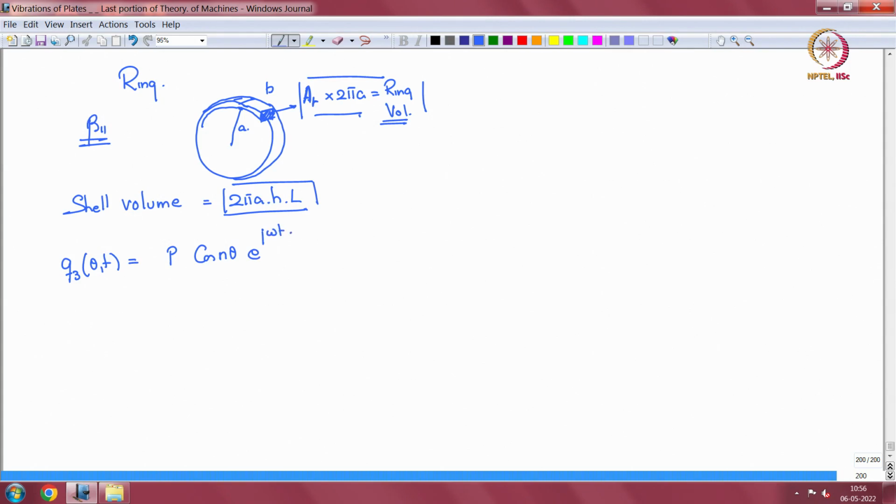Here, because it is a one dimensional structure, P has units force per unit length. So there is a cos n theta force that is actually applied on the ring.